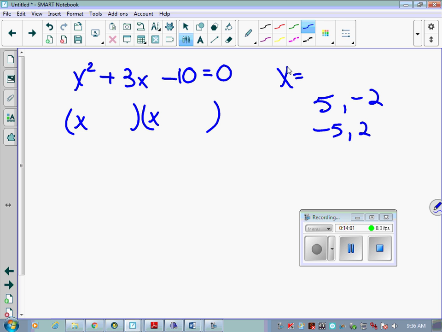Okay? So we need positive 5, negative 2, because that's going to give me 5 minus 2, which is positive 3. 5 times negative 2 is negative 10, which means my answers are 5 and negative 2. Now, what this question is actually going to ask you on your test is not only this, but what it's going to look for is the graph of this.